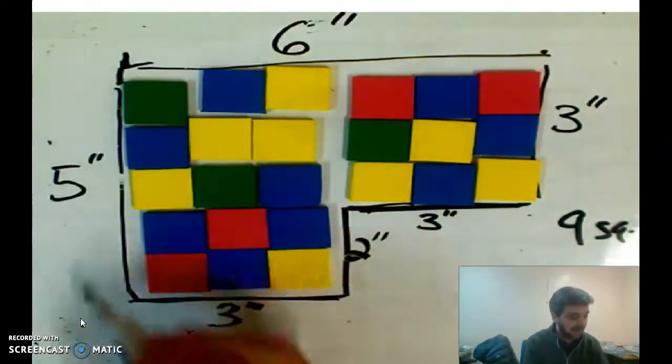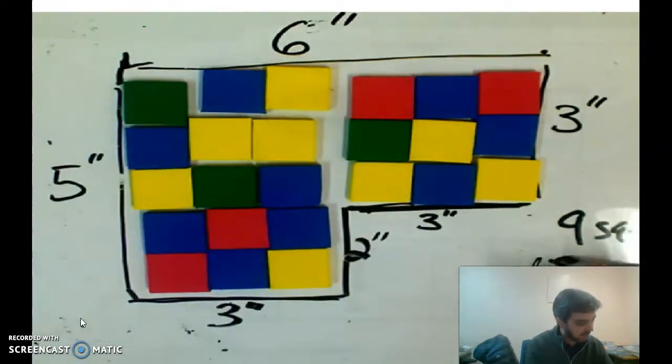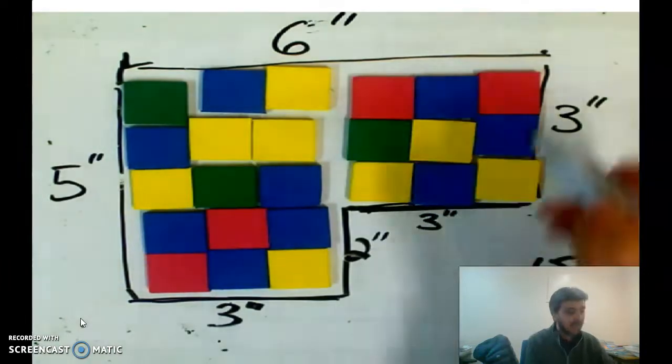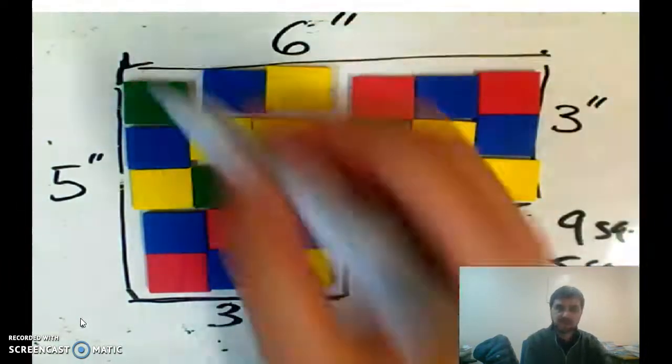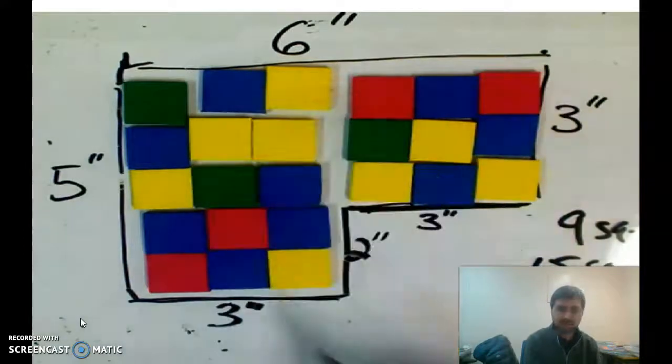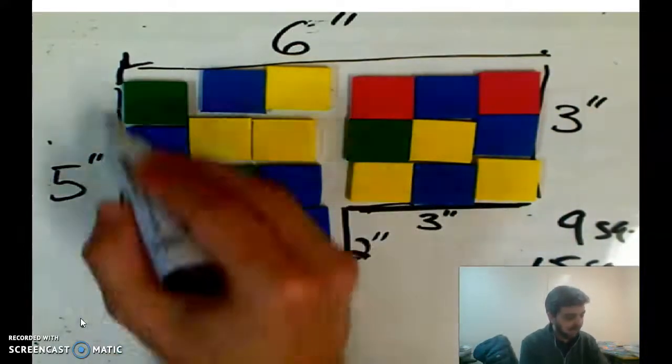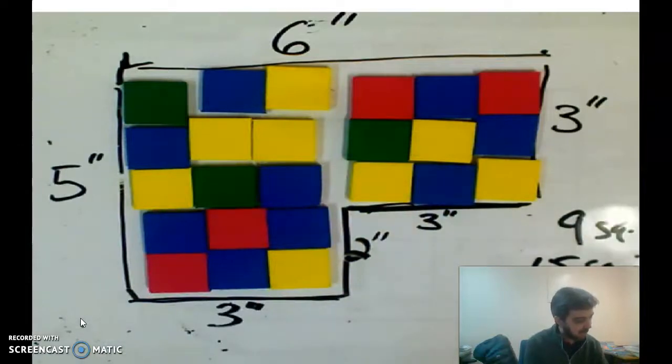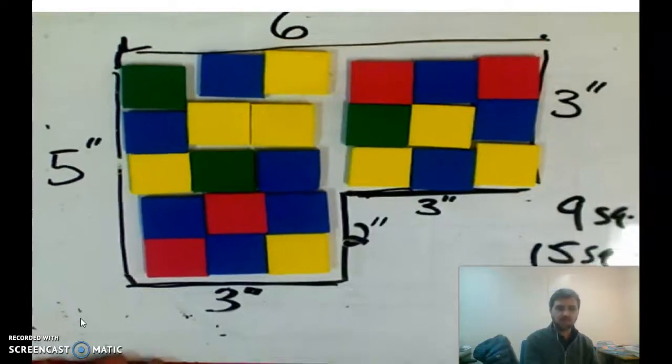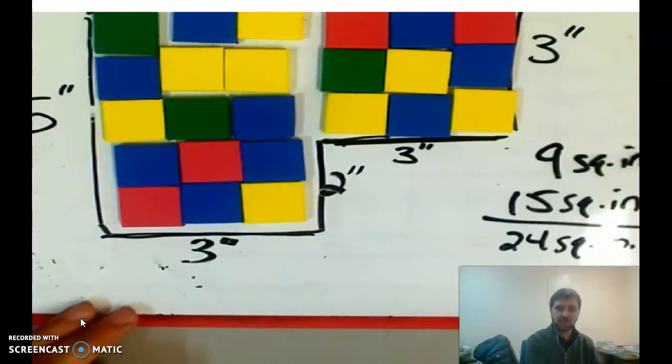So 3 times 5 is 15. I never even had to use the 6 inches, just the dimensions of the two rectangles. Okay, you following me? So this is 3 by 5, that's 15, so that would give me 24 square inches.